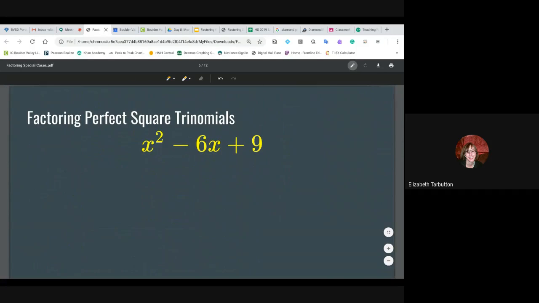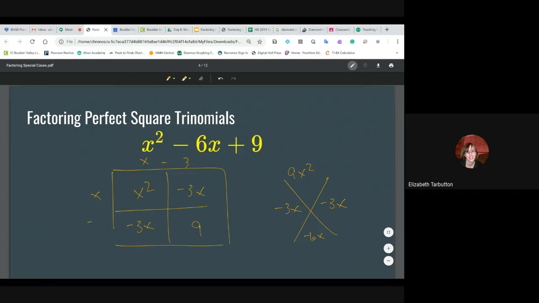If we do our diamond problem and our box, we have our x squared, and we have a 9 here, and then we can put our 9x squared here, and this becomes a negative 6x, which means that both of these factors are negative 3, so we get an x minus 3 and an x minus 3, so our solution is x minus 3 squared.